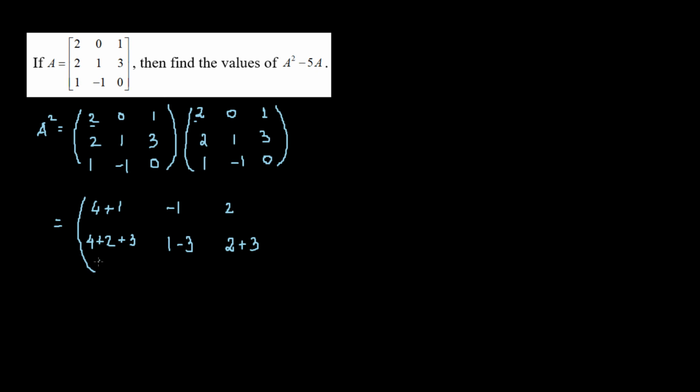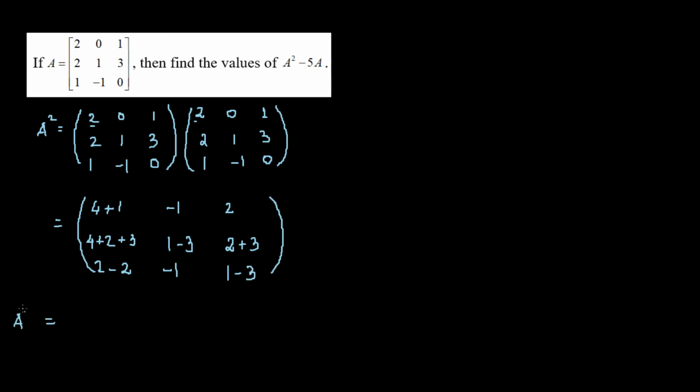Then 1 times 2 will be 2, -1 times 2 will be -2. Then we have 1 times 0 is 0, -1 times 1 is -1, and 0 times -1 is 0. So 1 times 1 is 1, -3.